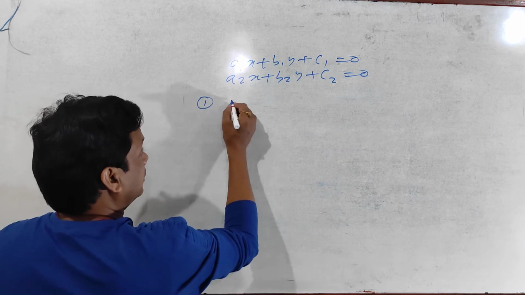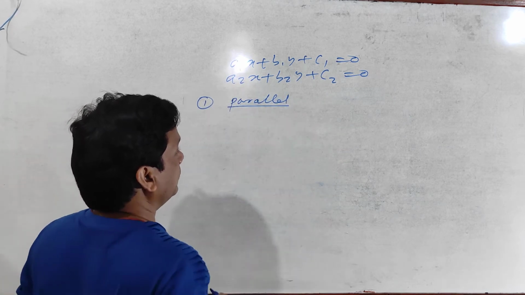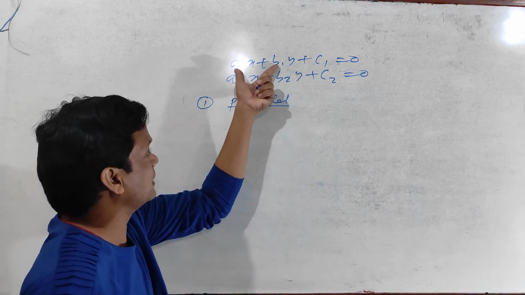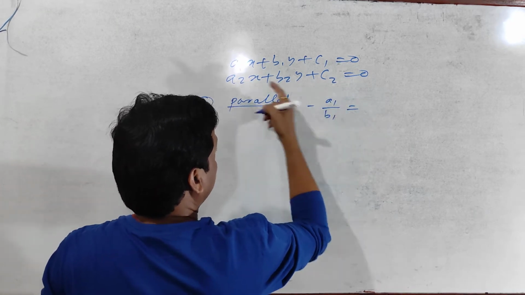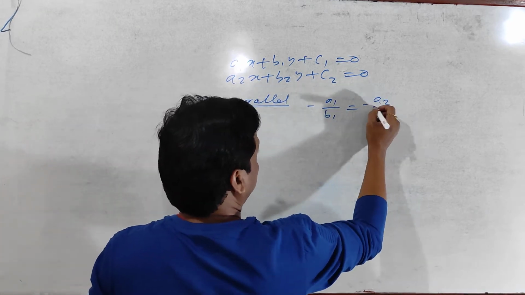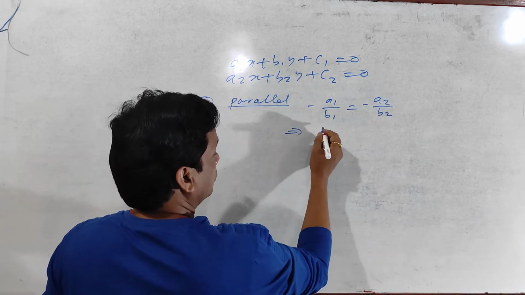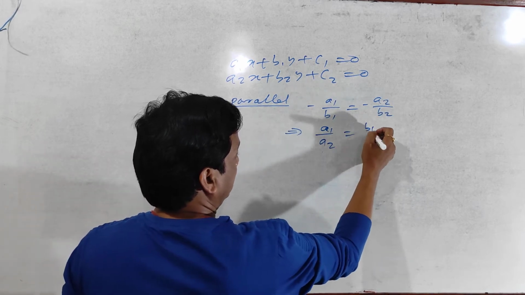Okay, see here, for the parallel case, these two lines will be parallel if their slopes are equal. What is the slope of the first line? Minus a1 by b1, and the slope of the second line is minus a2 by b2. So cancel out minus minus. So I can write a1 by a2 is equal to b1 by b2.